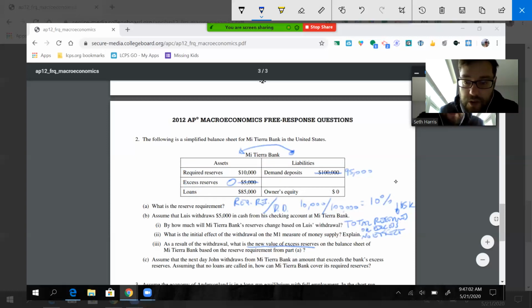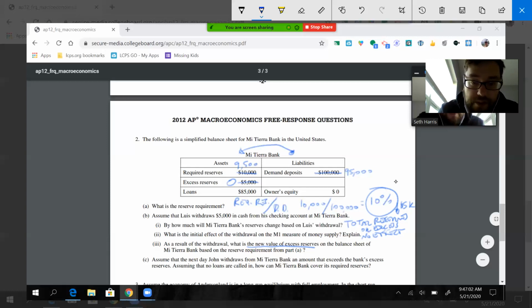So you need to figure out the new required reserves. We said initially 10% is the reserve ratio, but our demand deposits changed to 95,000. So instead of 100,000 times 10%, now you take 95,000 times 10%, which is 9,500.